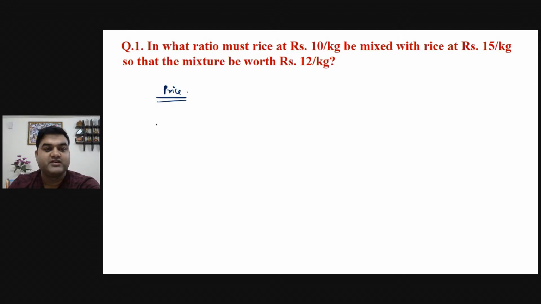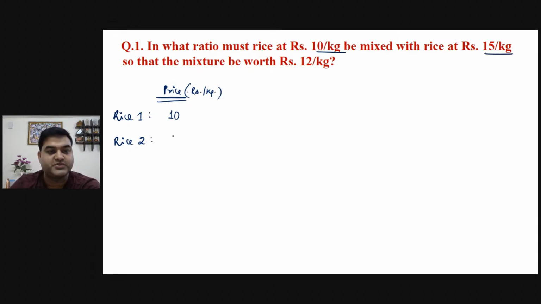What is the price? Rice 1. And you have another rice 2, right? So the price of rice 1 is rupees 10 per kg, and the second rice is 15 rupees, right? So write down 15.